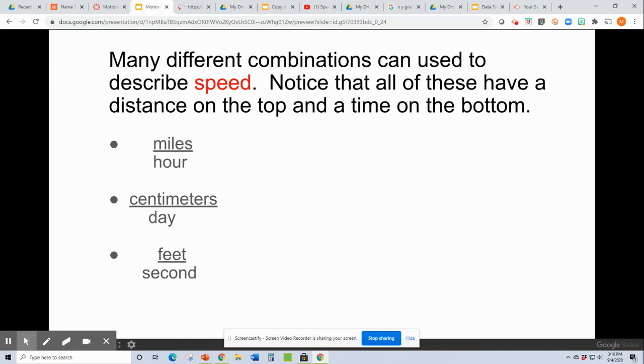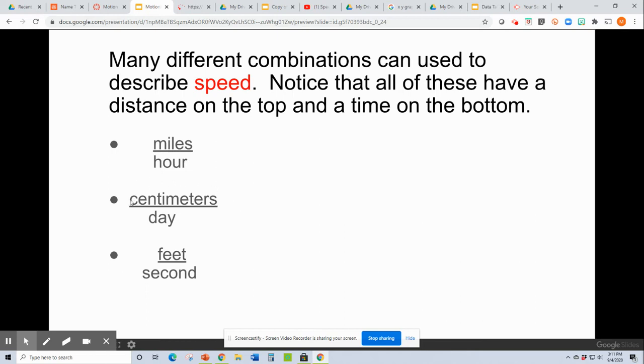So here's some examples of some combinations that you might see. Remember, the key is that all of these have a distance on the top and a time on the bottom. So here's our miles per hour. We're pretty comfortable with that. We see that all the time. But maybe I'm talking about, I don't know, a little worm or something. And maybe I want to describe how far the worm travels in a day.